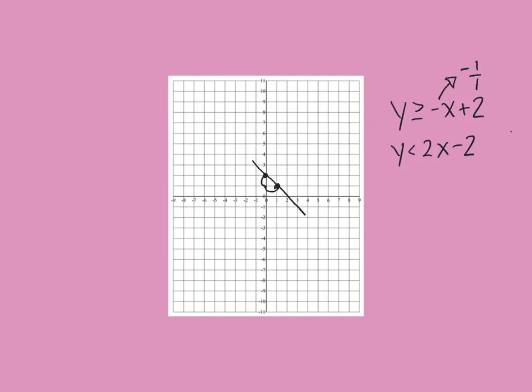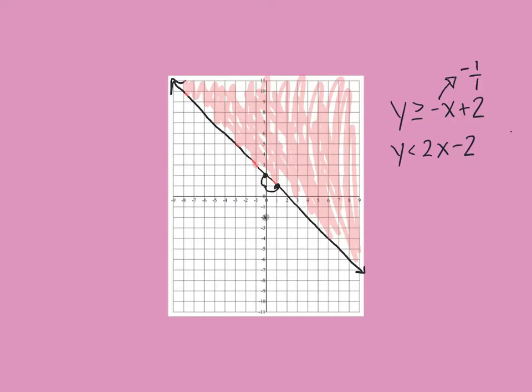And this time I'm connecting with a solid line because I have an equal to with my greater than. It's greater than or equal to. And then y is bigger, so I will shade above the line. And then I will do the same with the second inequality. This time my y-intercept is -2.